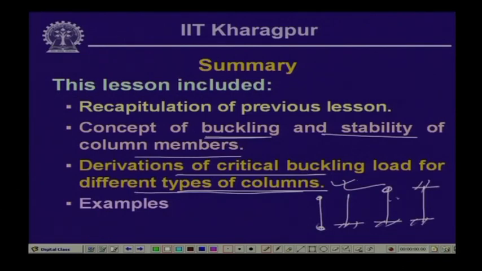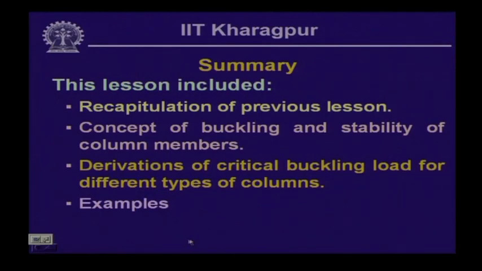So, these are the possible cases that we can have, and corresponding to this we have derived the critical buckling load. And well, we have given one example, and some more examples we will be discussing in the subsequent lesson.